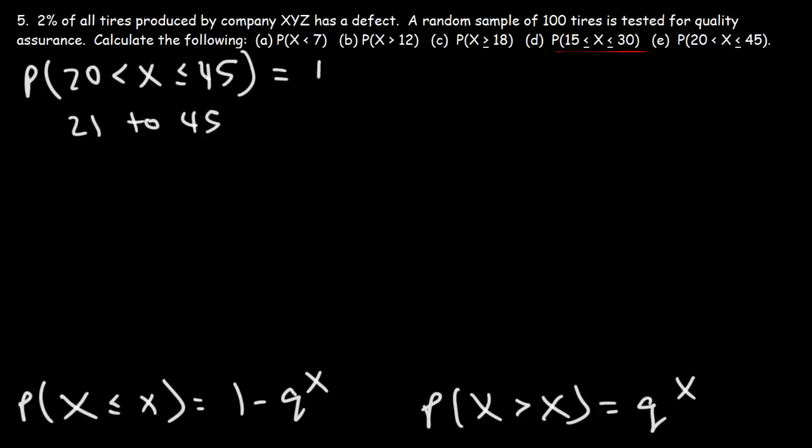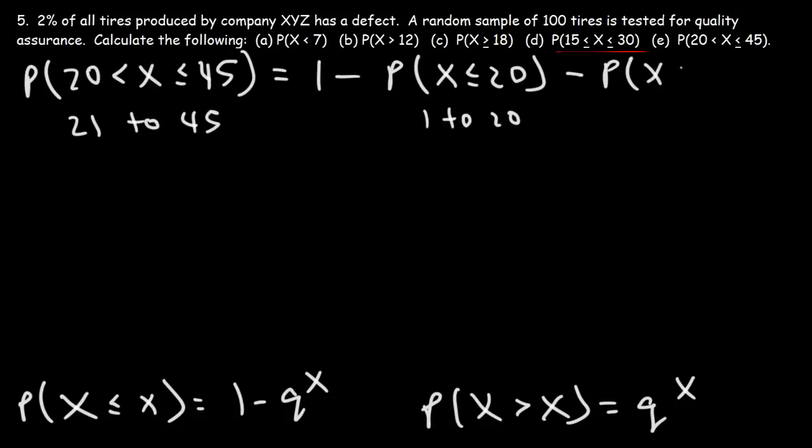So this is going to be 1 minus the probability that x is less than or equal to sample 20. So that's from 1 to 20. And then minus the probability that x is greater than 45. So this includes sample 46 to infinity. So make sure you don't include a sample twice so that you don't get the wrong answer.